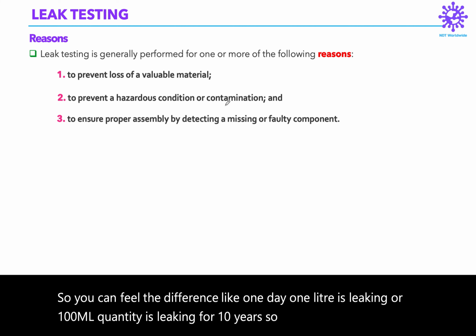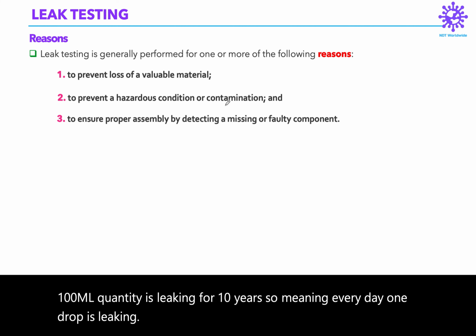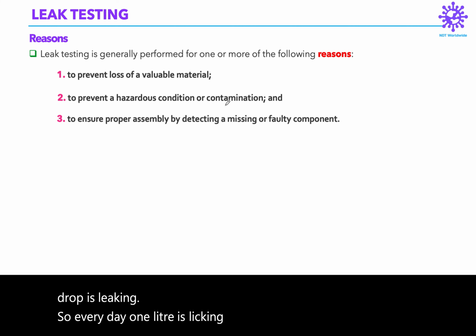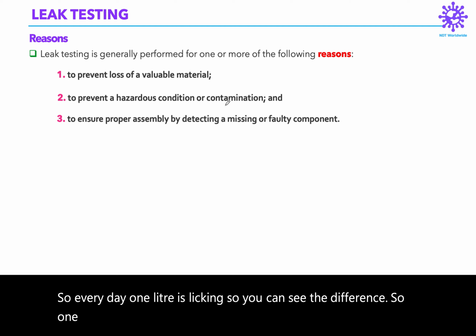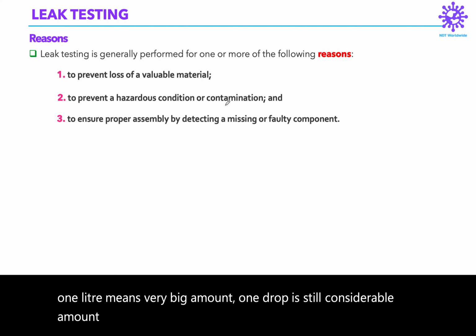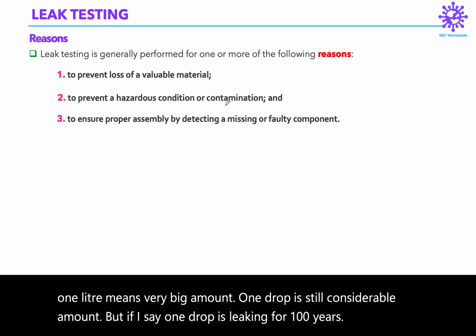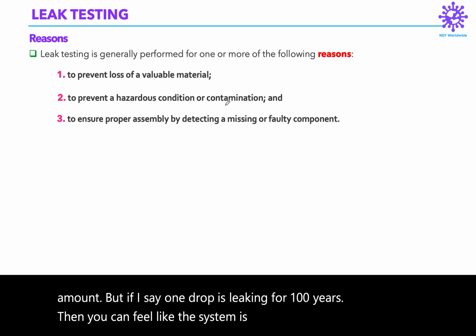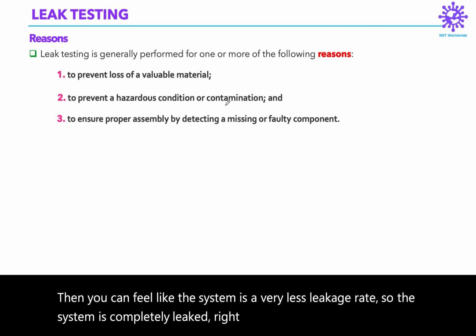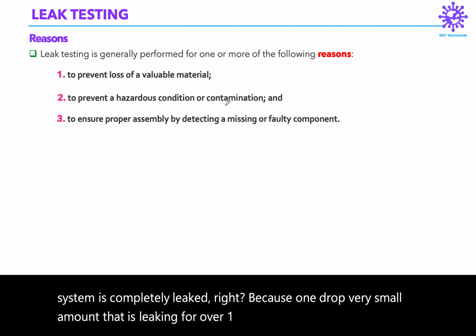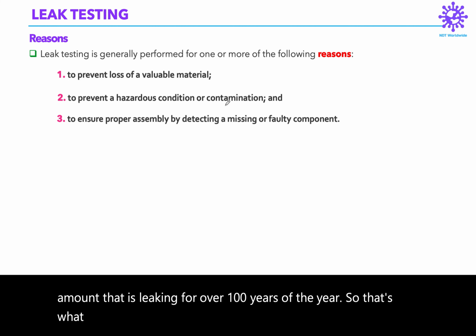So 1 liter means a very big amount, one drop is still a considerable amount. But if I say one drop is leaking for 100 years, then you can feel the system has a very low leakage rate. So the system is completely leak tight, because one drop, a very small amount, is leaking over 100 years. So that's where the leak rate comes into the picture.